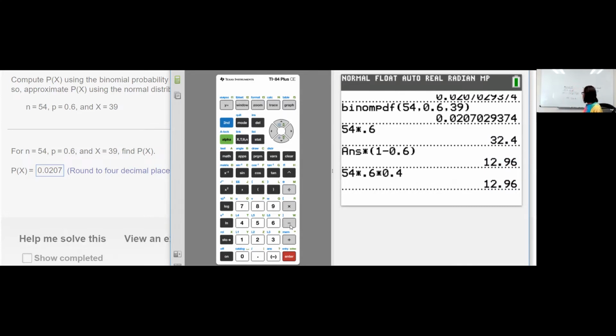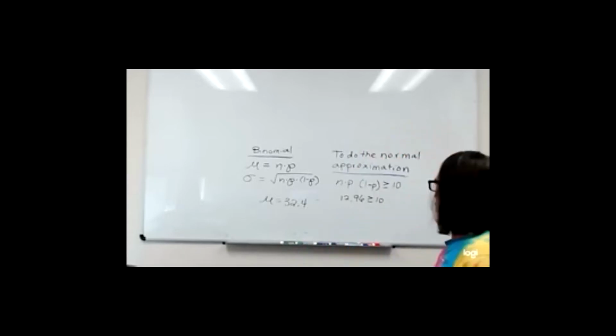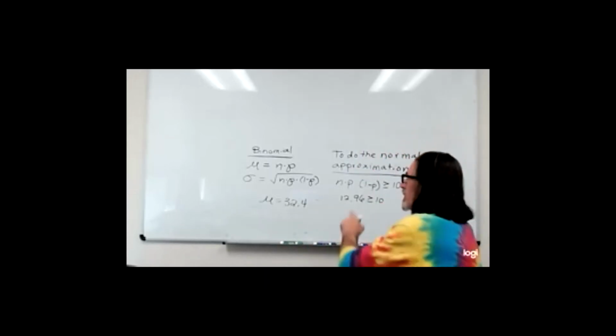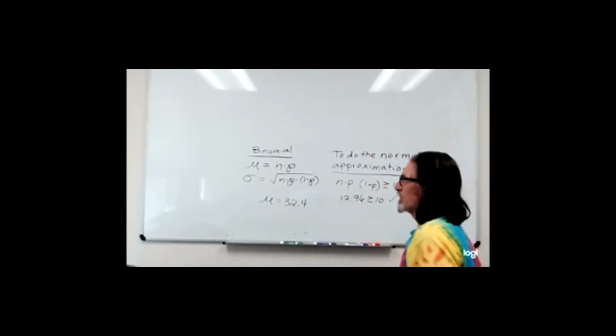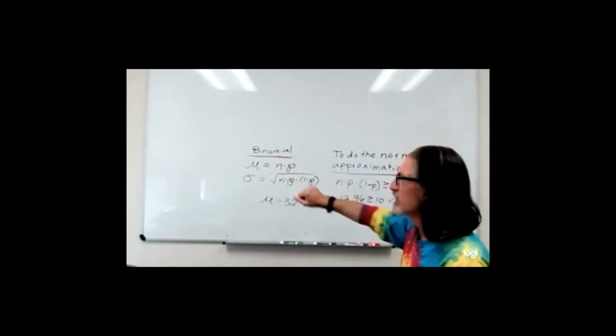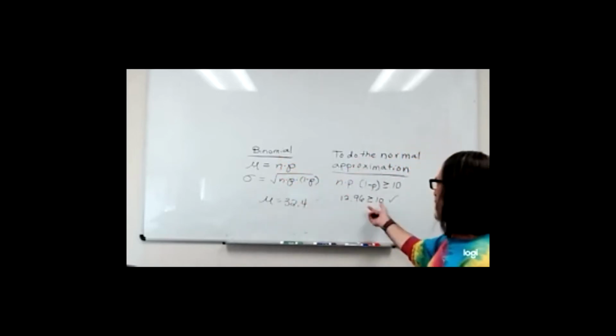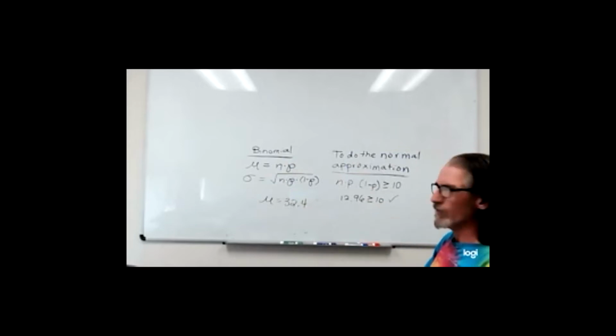So the variance is 12.96, and that is greater than or equal to 10. So it is legitimate, since this is a binomial experiment, to use the normal approximation because this holds true.